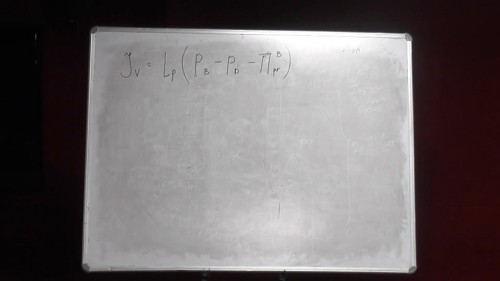Otherwise, albumin would be filtered out from blood, which would create a very dangerous precedent for the patient, because we would remove an essential blood component that would severely hurt the patient.